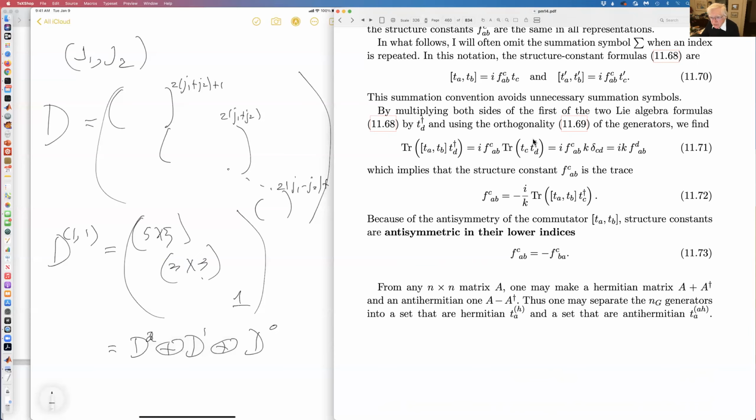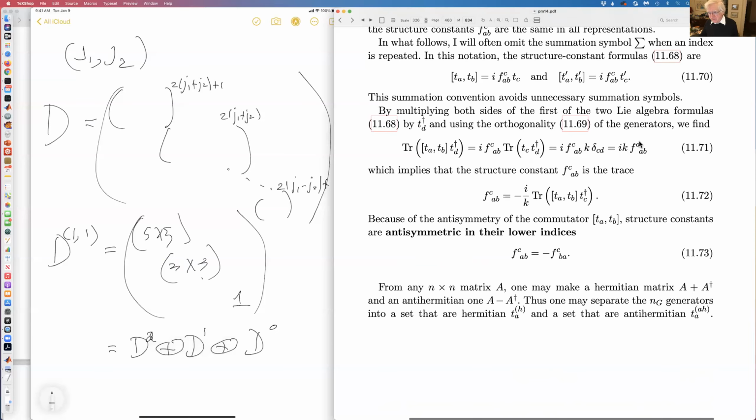But on the other hand, the Gram-Schmidt process, or some other process, has given us that this trace is just K delta_CD. And so carrying out the sum over C, we find that this trace is i K f_DAB.